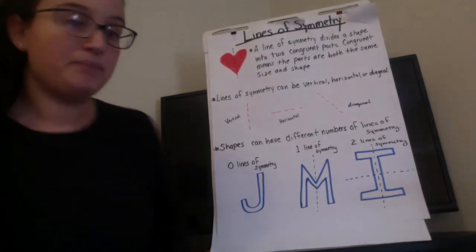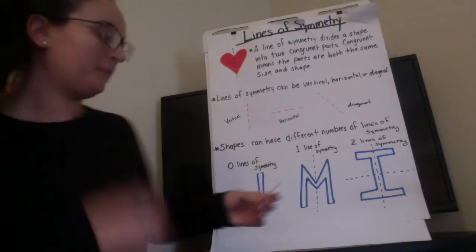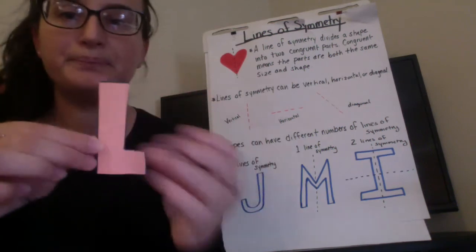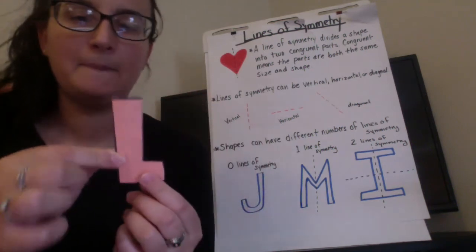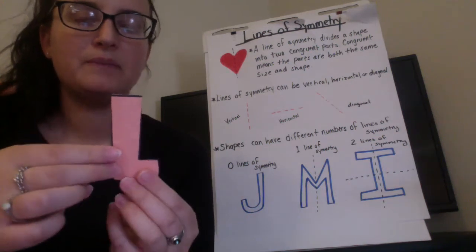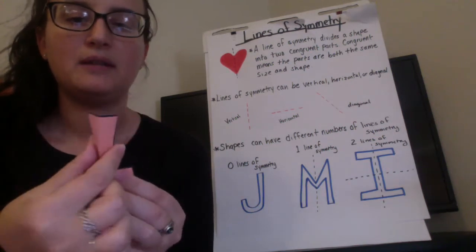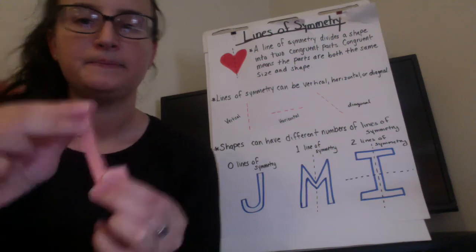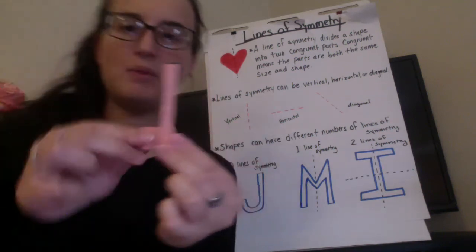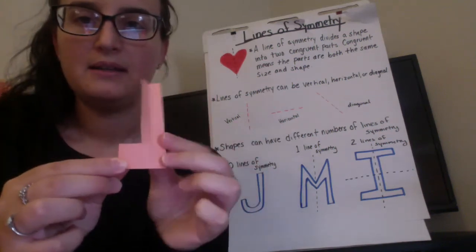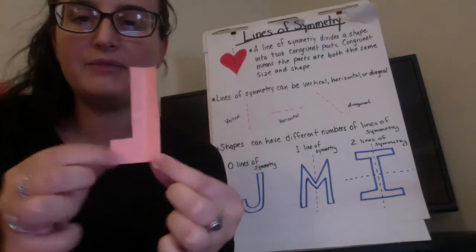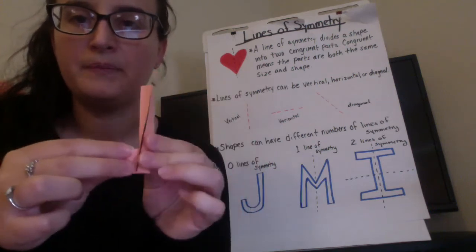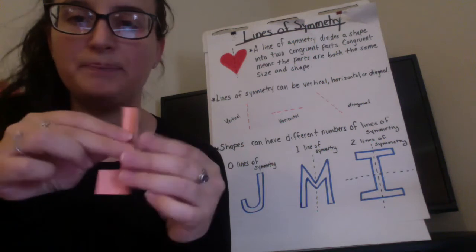It happens. So like in this shape, it kind of looks like an L. If I fold it over its vertical line, you'll notice that it's not the same on both sides, right? Because this side doesn't have this part that sticks out. So that doesn't work, not a line of symmetry.